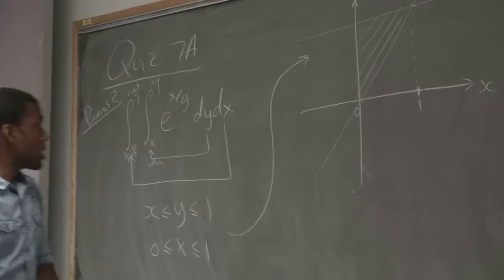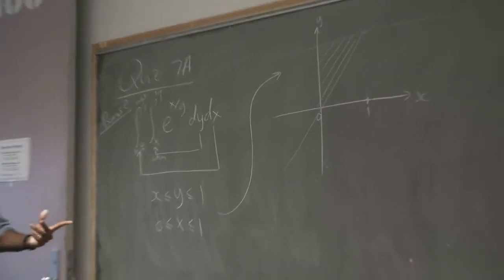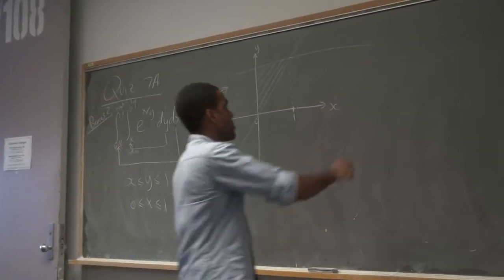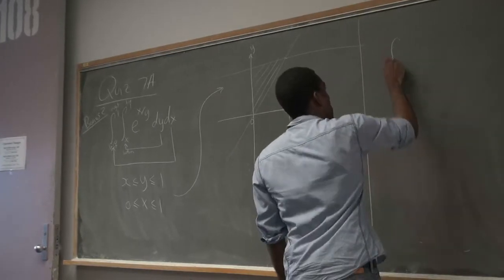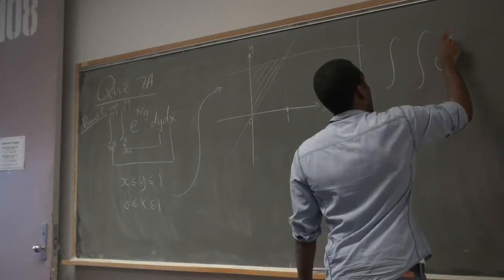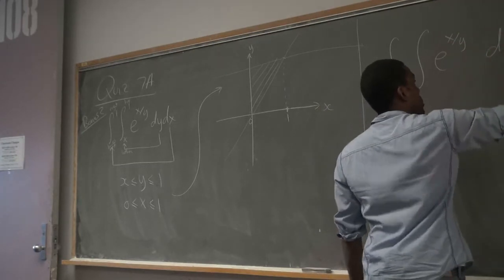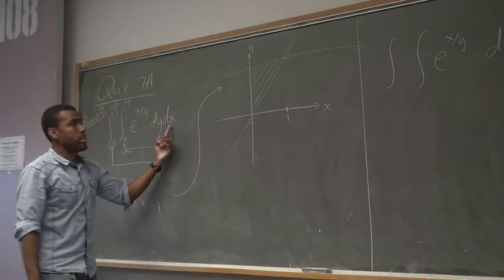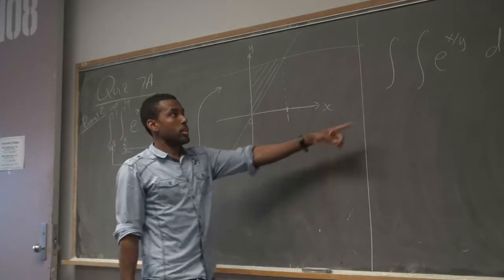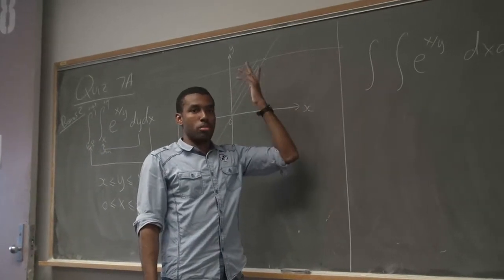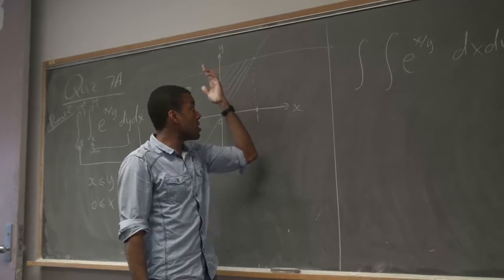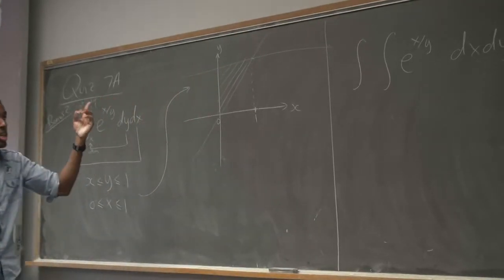Now, when I said reverse the order, what do I want to do? It means I want to write my integral as dx dy, because here it's dy dx, here it's dx dy. Now you can't just switch the numbers. When they were constants you could do that, but things actually change.